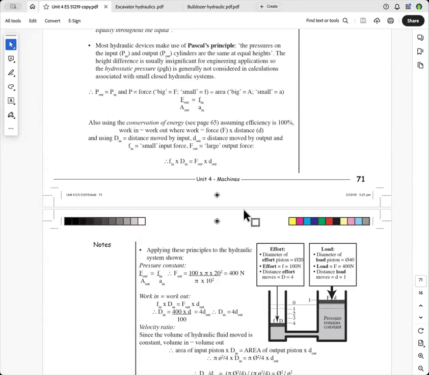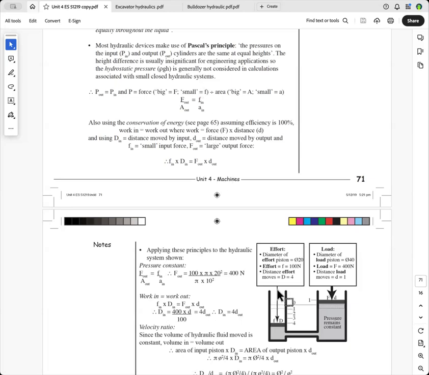So let's have a look at this first equation. So we've got pressure out is equal to pressure in, and that's according to Pascal's principle. Now, what I've done here, I've used big F to be the big force, and small f to be the small force.